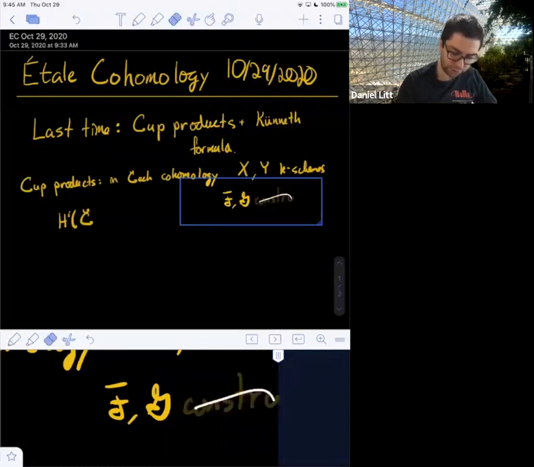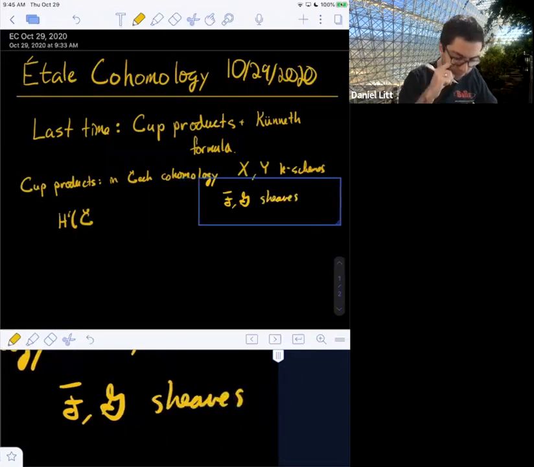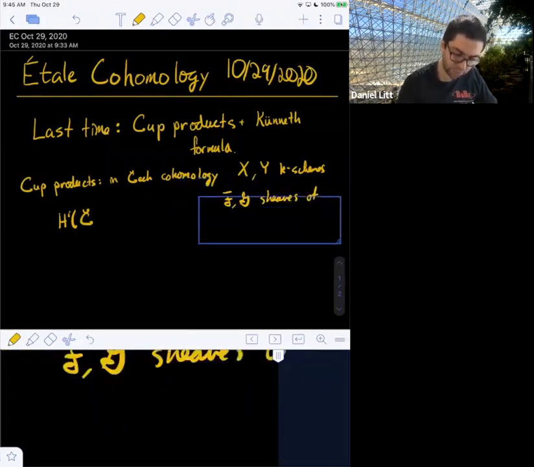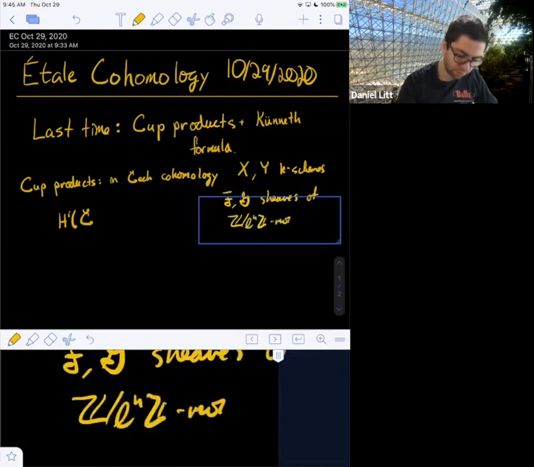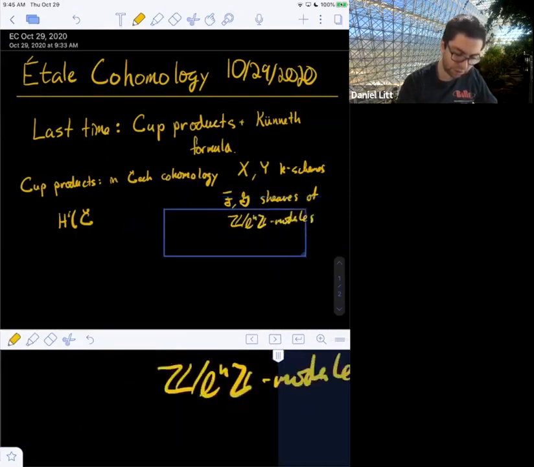Well, let's even just say they are sheaves of Z mod L^n Z modules, which is all we need for this, on X étale and Y étale respectively.